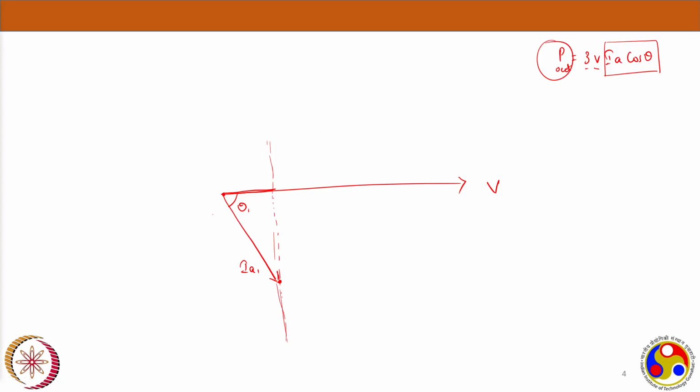Now let me draw EF1, the excitation voltage here. What is the excitation voltage? EF1 would be equal to V plus the IA excess drop. So the IA excess drop would be perpendicular to this. So if it is like this, perpendicular, so this will be JIA1 excess.